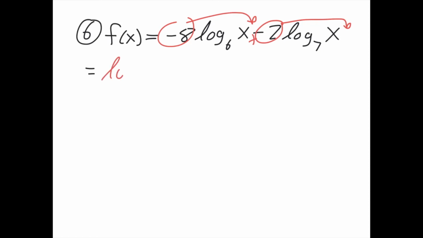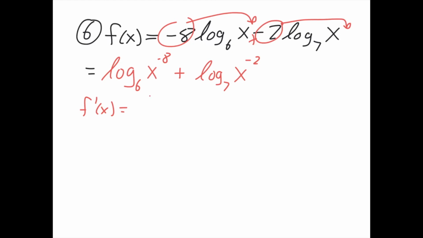So we're going to get log base 6 of x to the -8th plus log base 7 of x to the -2, and so now our derivative, the f prime of x, is going to use the chain rule again.